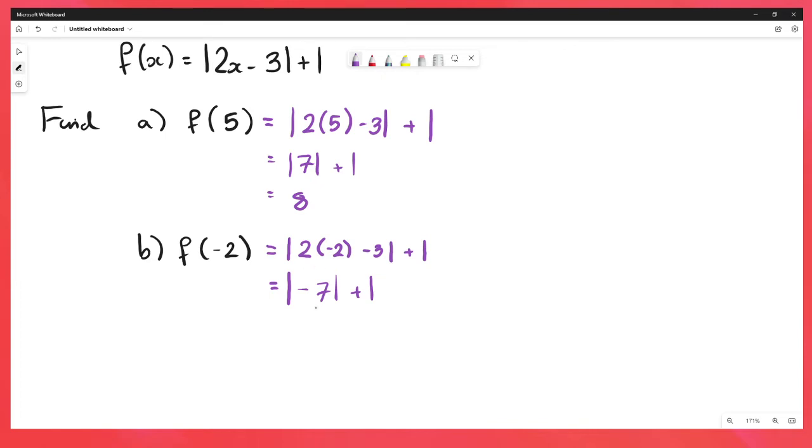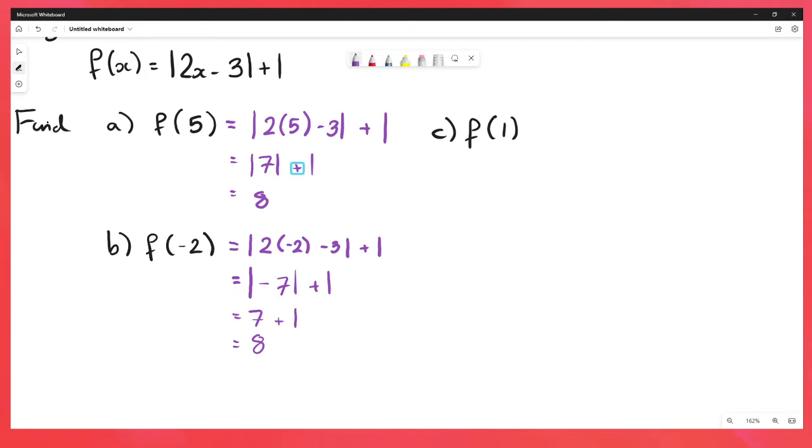Now we know, because we're doing the modulus of a function, the modulus of -7 is 7. And so we in fact get exactly the same answer as f of 5. This is not something necessarily we can guess. Once we get to drawing these graphs, we can see that a little bit more clearly. But for now, we're just getting used to calculating.